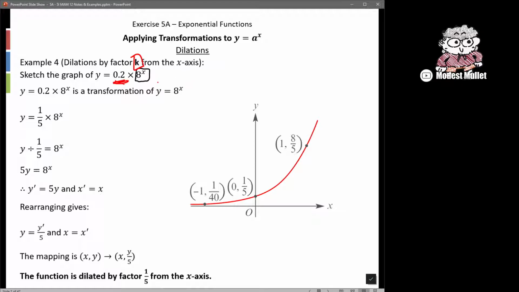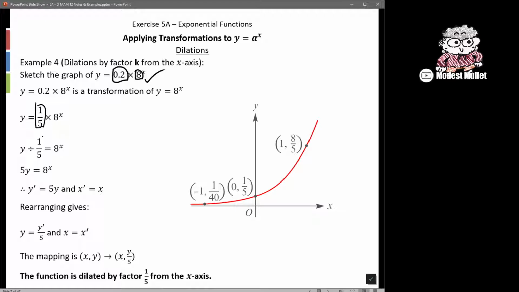You want to write it where everything's applied directly to the x or directly to the y. So the 8 is our base, so that's fine. A 0.2 is definitely not applied directly to the y. And we can see here 0.2 is the same as 1/5. That's a really handy thing to recognize. So we could write it as 1/5.